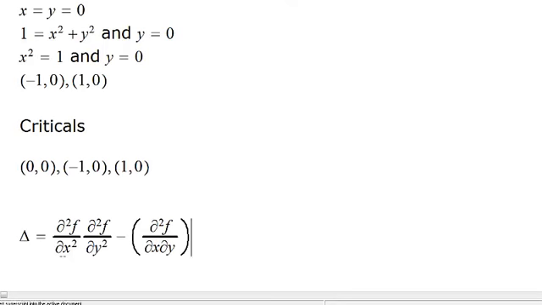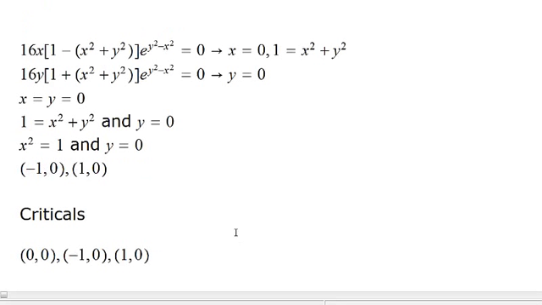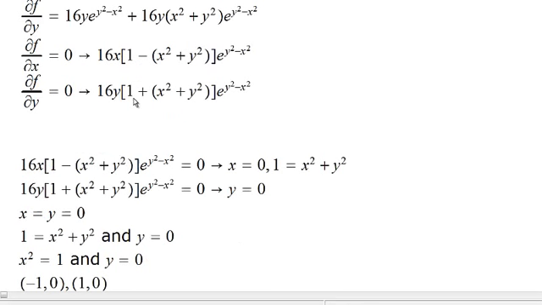Right. And this square, right? So what we do is that we compute this quantity at these points, right? Don't we? Okay, so we don't know what those values are. Let's get those down here.